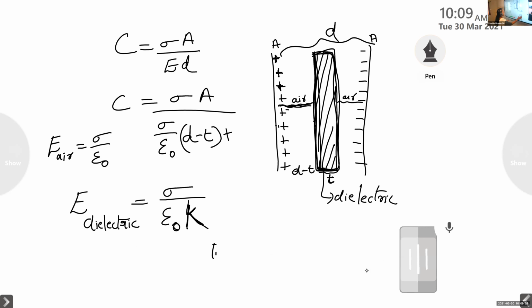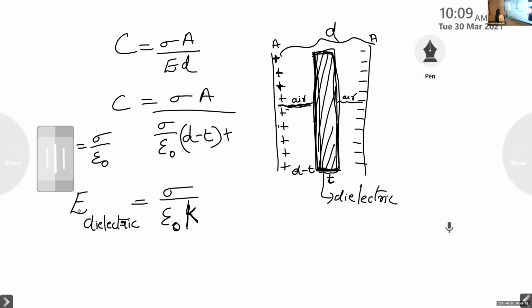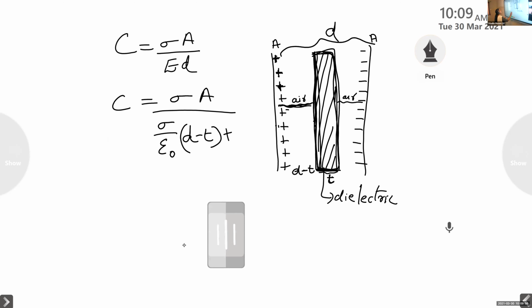And what is the distance of separation made by this dielectric? What is the thickness offered by this dielectric? It is T. So you don't need to write the T here. When we are substituting this equation into the capacitance, we can add that T. So it becomes sigma by epsilon 0 K into T.